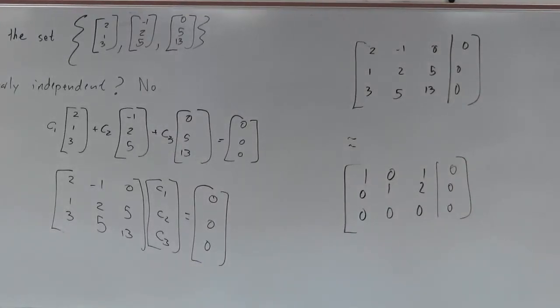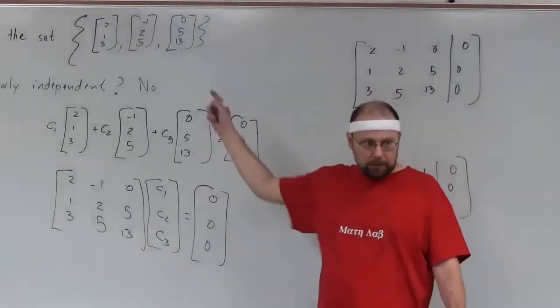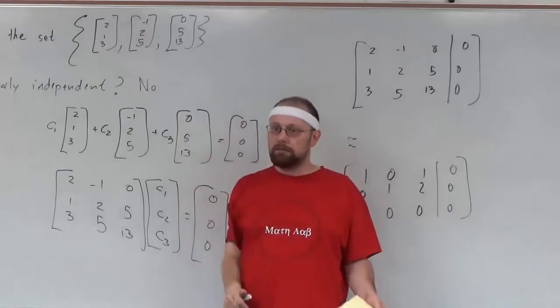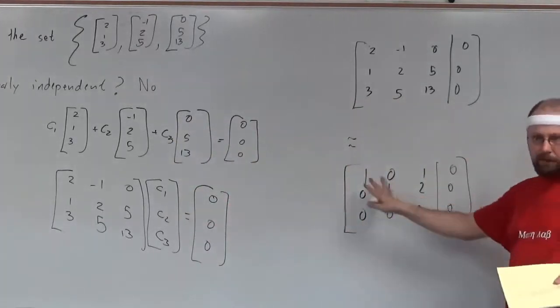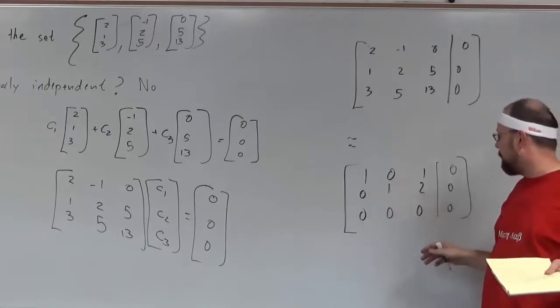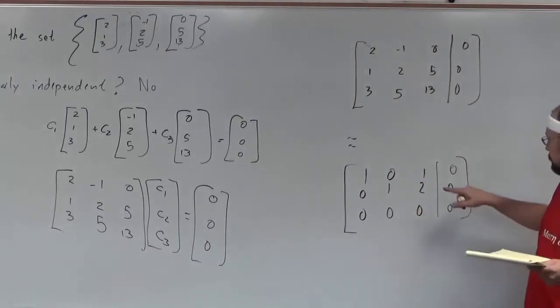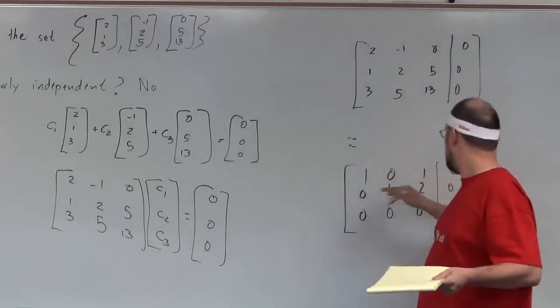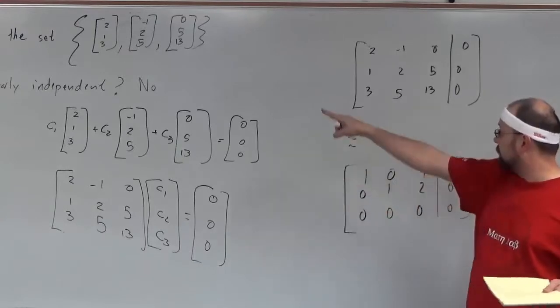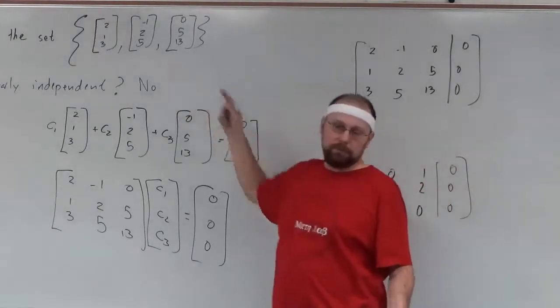And if this is a linearly dependent set of vectors, we should be able to write one of these vectors as a combination of the others. And I can actually read such a linear combination off this matrix. This says that 1 times the first vector plus 2 times the second vector should give me the third vector.